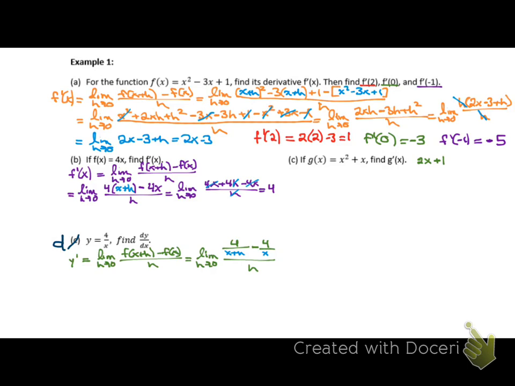So I'm going to take the first fraction and multiply by x. I'm going to take the second fraction and multiply by x plus h. That's going to make the denominators both x times x plus h. So let's go ahead and do that. We'll go ahead and simplify. We have the limit as h approaches 0 of 4x.